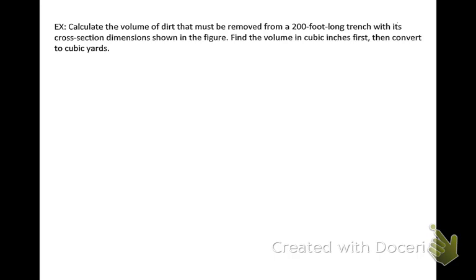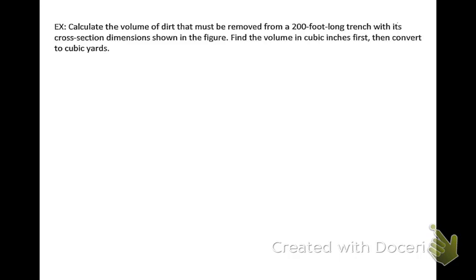So as it says, calculate the volume of dirt that must be removed from a 200-foot long trench with its cross-section dimensions as shown in the figure. I'll draw the figure up there. Find the volume in cubic inches first, then convert to cubic yards.